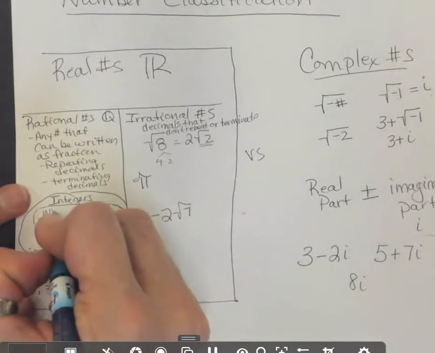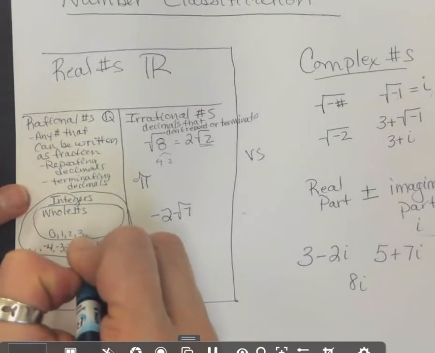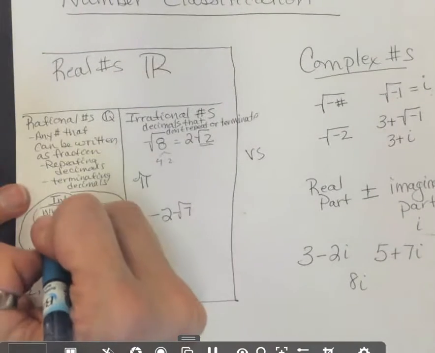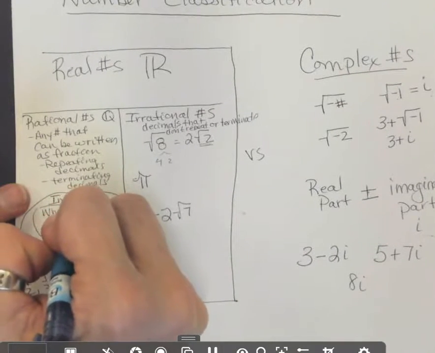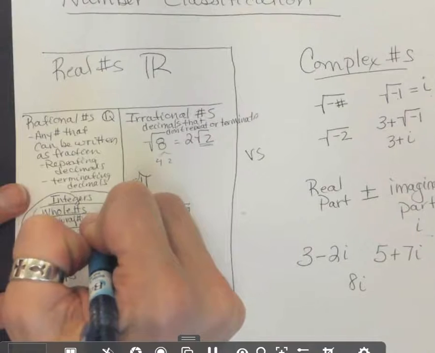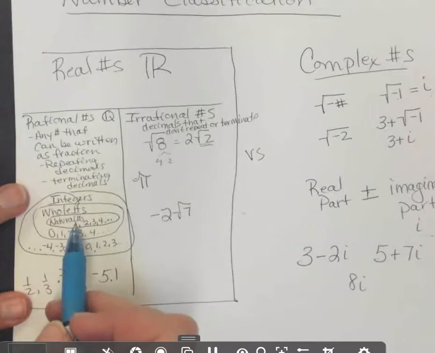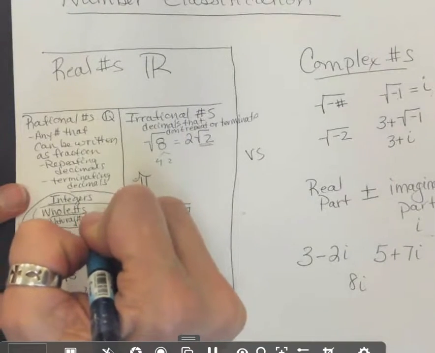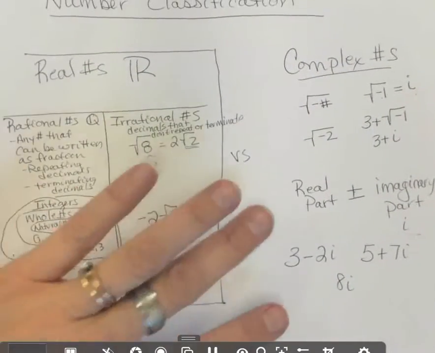The whole numbers would be 0, 1, 2, 3, and so on. They're all positive, they're all whole numbers, but it includes 0. And then we have our very little piece here in the middle, our natural numbers. And those are the counting numbers. Those are the things you learned how to count with when you were a kid. We didn't understand 0 suckers, so that wasn't natural to a young kid, so it's not a natural number. So 2, or the square root of 4, is a natural number, a whole number, an integer, a rational, and a real. So those are our number classifications.